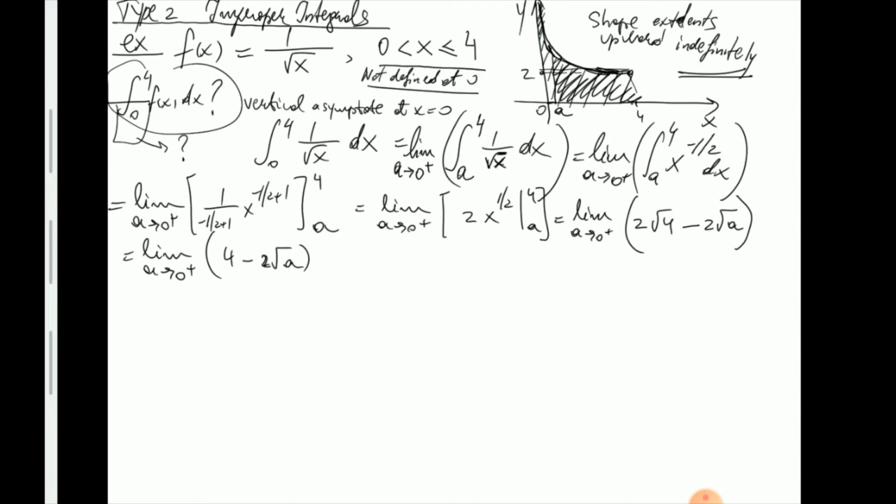As a approaches 0 from the right, notice this goes to 0. So the limit is equal to 4. So the integral is convergent and is equal to 4. And that's one example of a convergent improper integral of type 2.